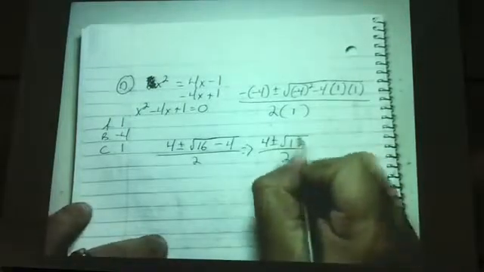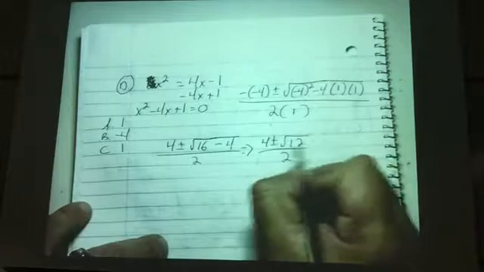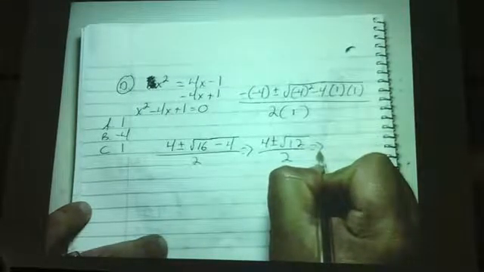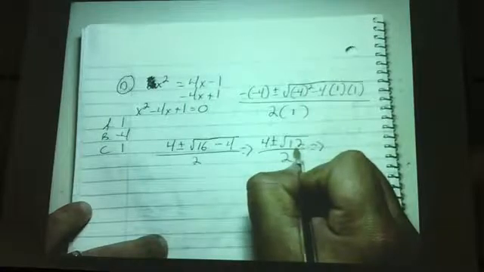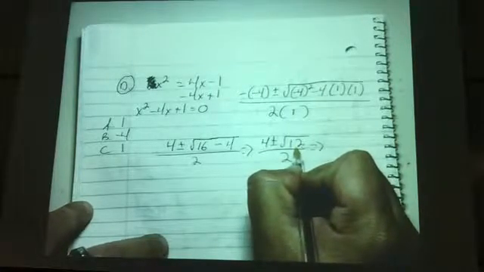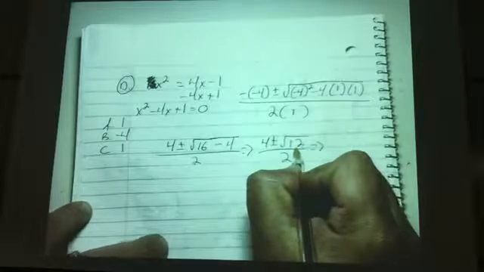Now this is not completely done yet. We can reduce the 12. To reduce the 12, we need to get two multiples that will give us 12, and one of those multiples has to be a perfect square. We automatically should know that to get a 12, it's 4 times 3. 3 is not a perfect square, but 4 is. The square root of 4 will give us 2.